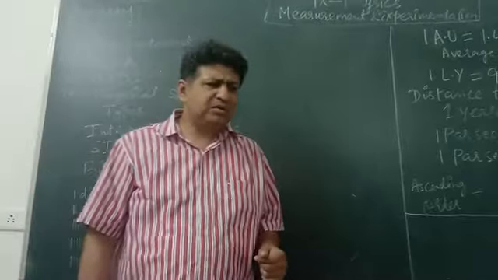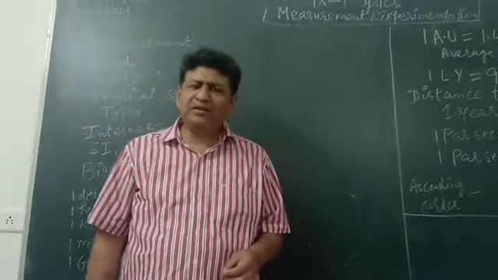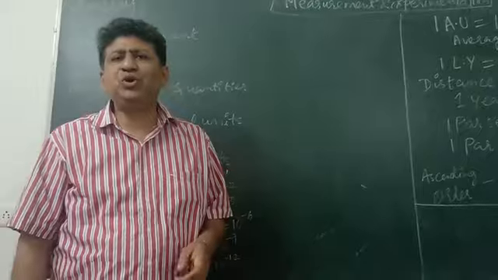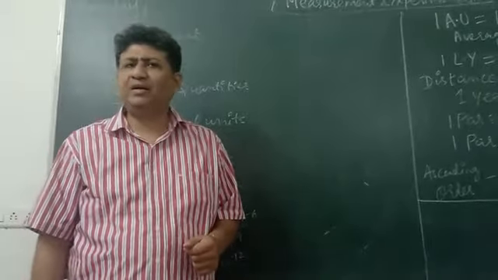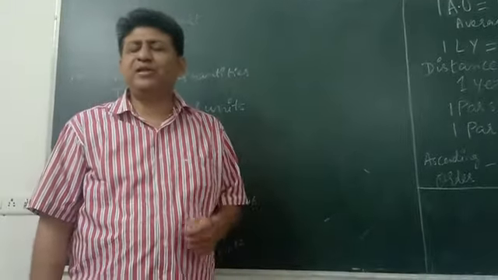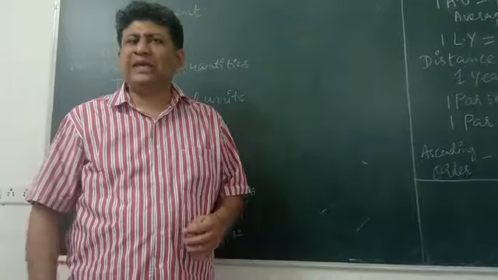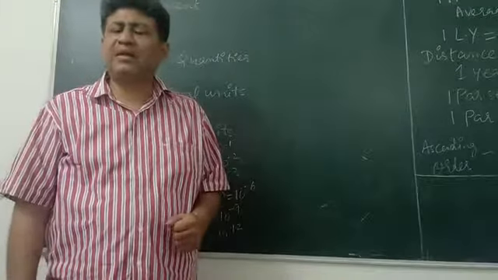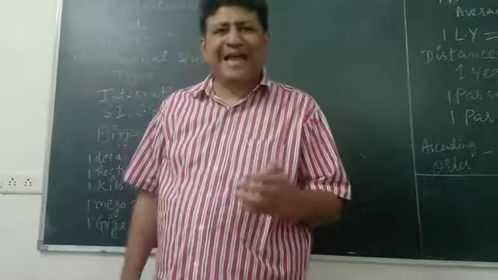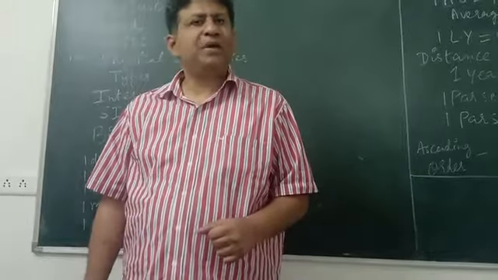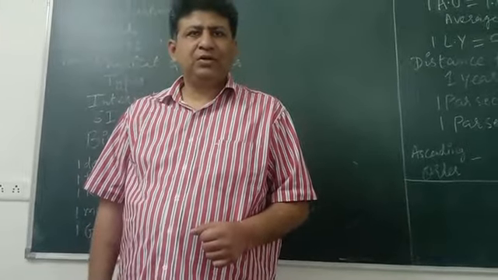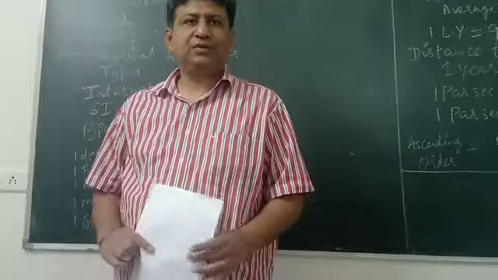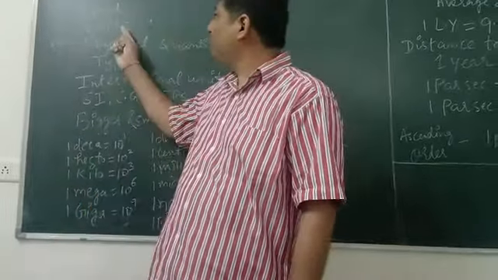So it was not an accurate method, it was also not a uniform method of measurement. So the need was felt to devise some kind of method where we have some standard measurements. For that, the units were developed.